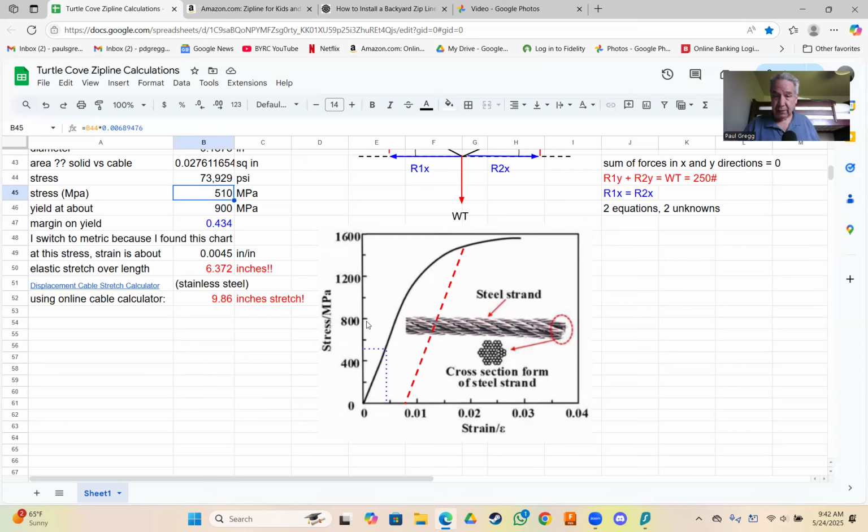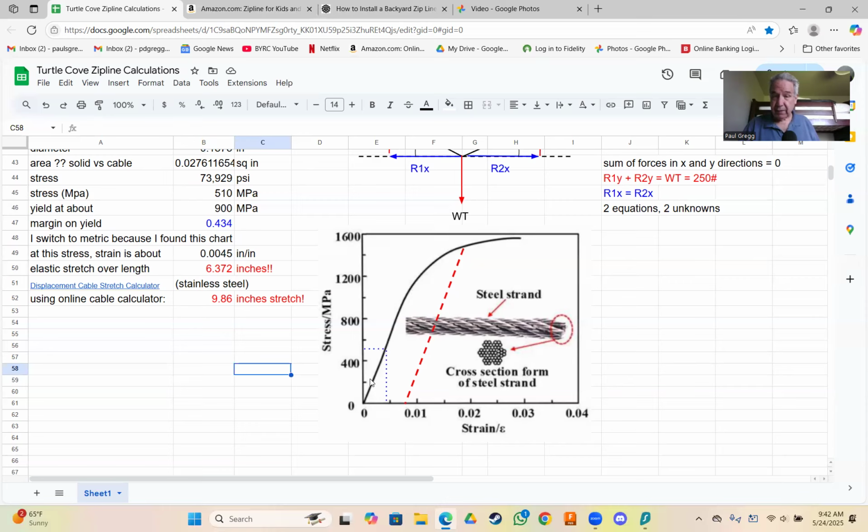Every material has this, and this is what engineers really look at when they're assessing materials. So let's talk about the stress strain curve for a little bit. You stress it and you pull, and then you go back, and you pull and you go back. What you see here is that it goes back to zero. Unless you apply too much load, it goes out here and then it doesn't go back to zero.